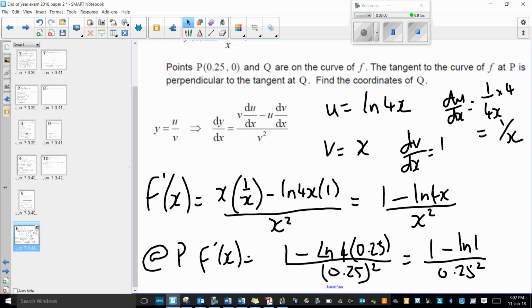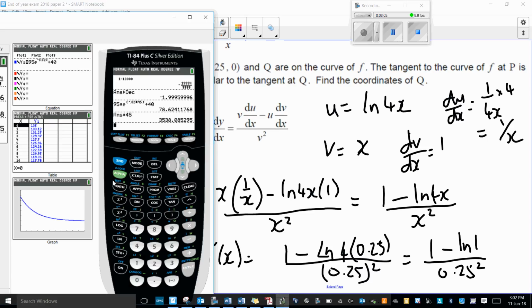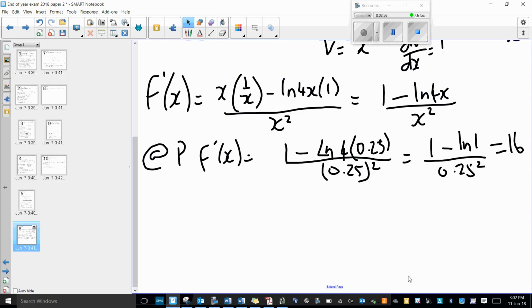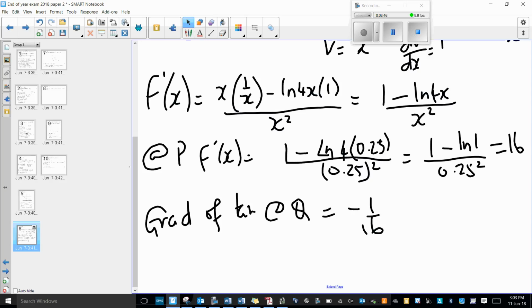Let's put that in our calc. 1 subtract ln 1 over 0.25 squared gives us 16. So that's the derivative of the tangent, and that's perpendicular to the tangent at Q. So the gradient of the tangent at Q is negative 1 over 16.